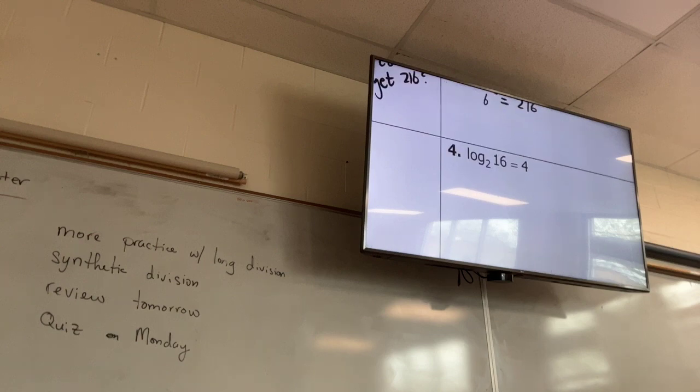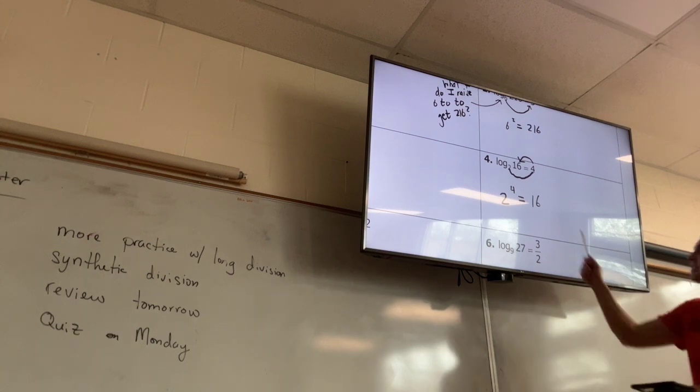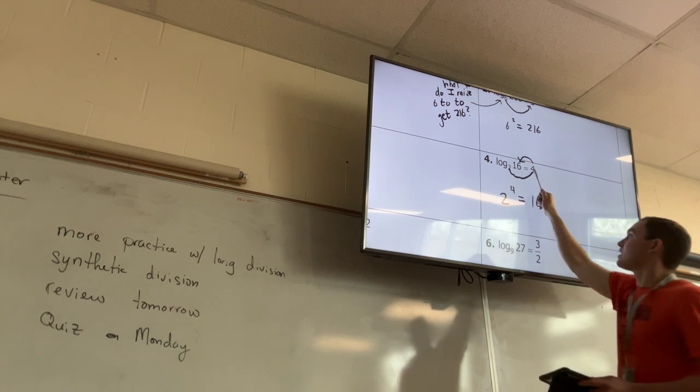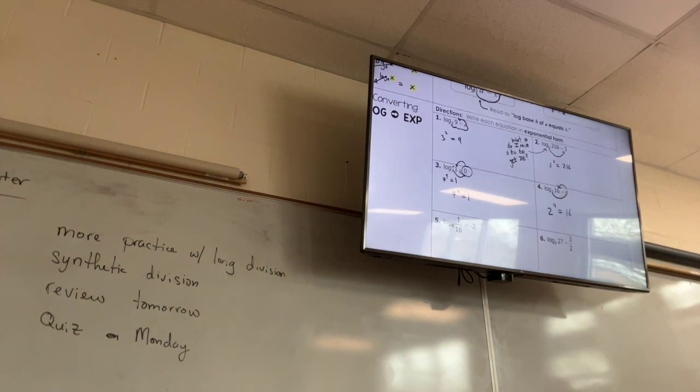Alright, so you log roll. 2 to the 4 gives me 16. Okay, so that's how a logarithm is defined. This is the number that I raised 2 by to get 16. That's why it says equals 4 on the right. This is 2 to the 4 equals 16.